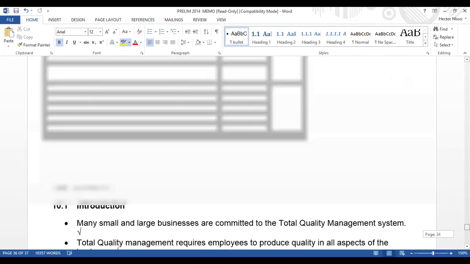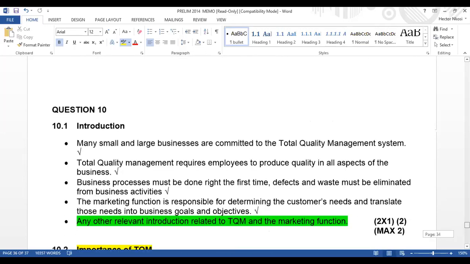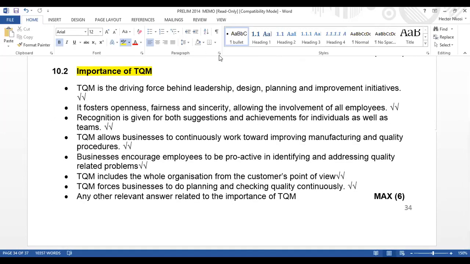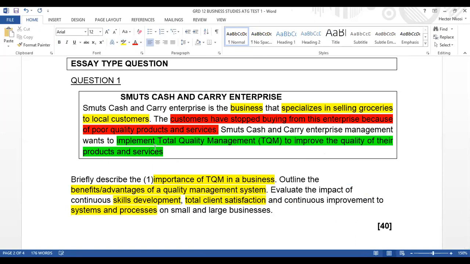Now, can you see the way I've structured is the way I've explained to you in your case study? Remember, I said 3 things. Let me re-highlight them so that you can see them. We said, number 1, the importance, that's what you're going to include in your body. Isn't it?